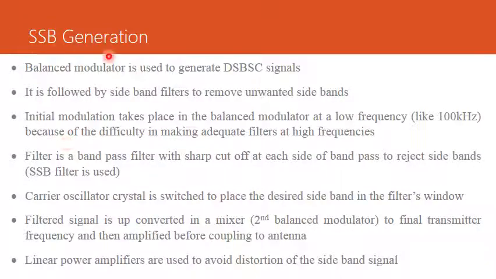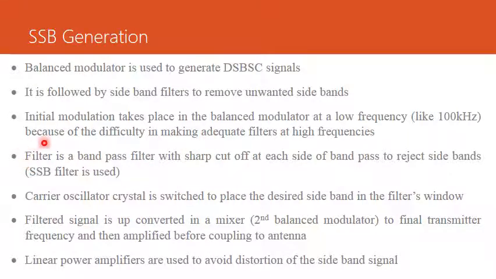The balanced modulator is used to generate the double sideband suppressed carrier, and this balanced modulator is followed by a sideband filter in order to remove the unwanted sideband. As already mentioned, the initial modulation takes place in the balanced modulator at a low frequency because it is difficult to design the sideband filter at a very high frequency.